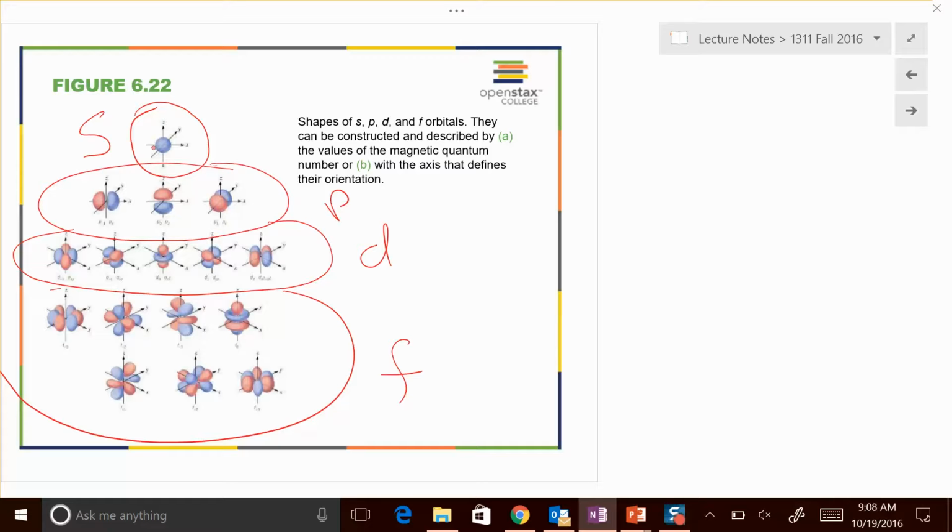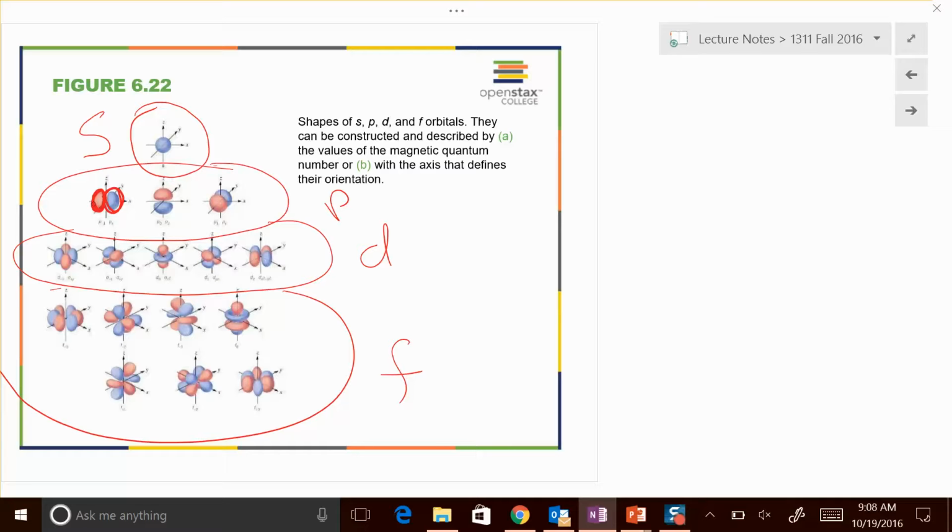Now, here in a P, you can see that I take on a different shape for my orbitals. We call this a dumbbell shape. The electrons in the P can be found anywhere in this lobe or this lobe.